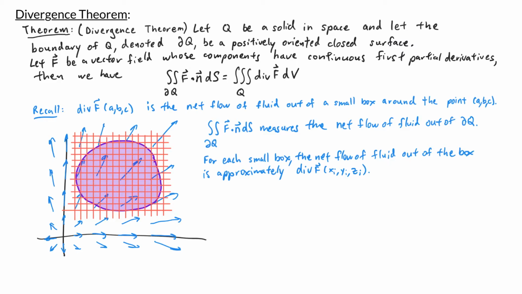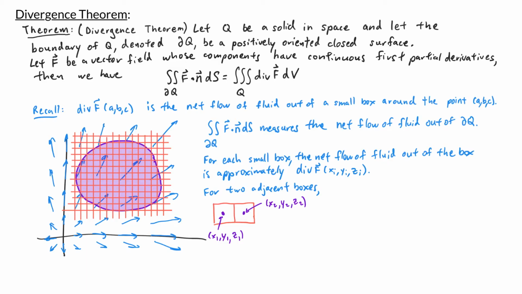Now let's look at 2 adjacent boxes. If we think about the divergence of F at (x1, y1, z1), it's the net flow of fluid out of the first box, which means it's the sum of the fluid flowing across this edge, then across this edge, and across this edge, and lastly across this edge. The divergence of F at (x2, y2, z2) is the net flow of fluid across the second box.